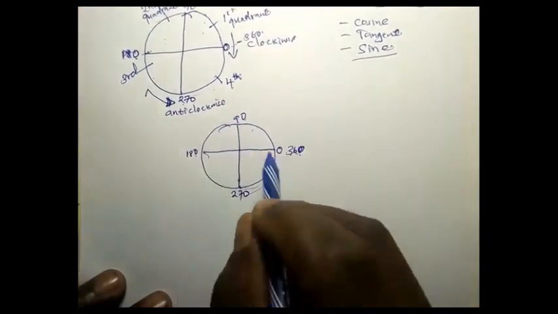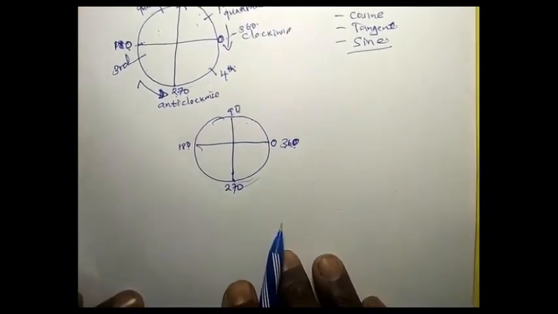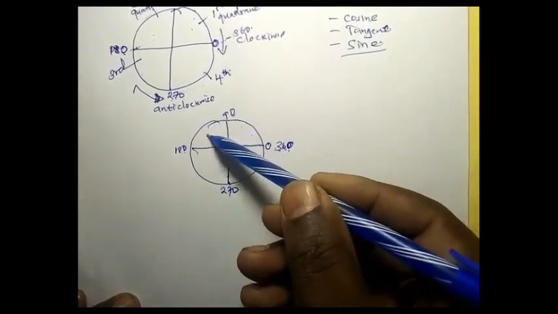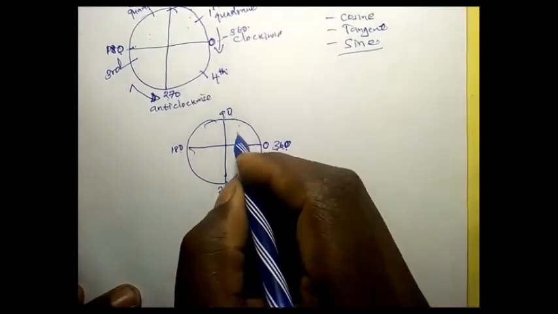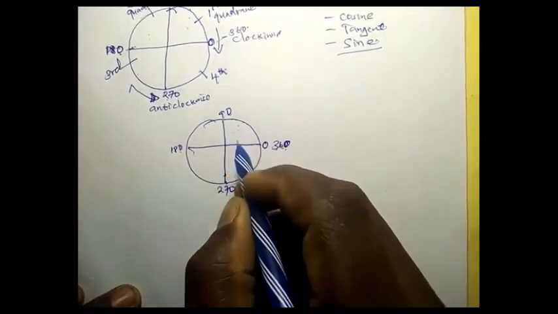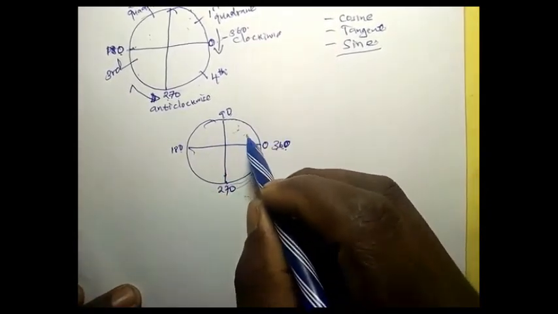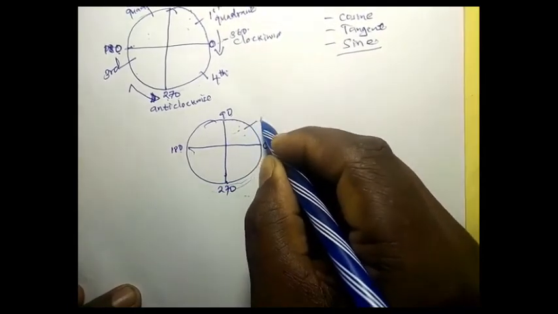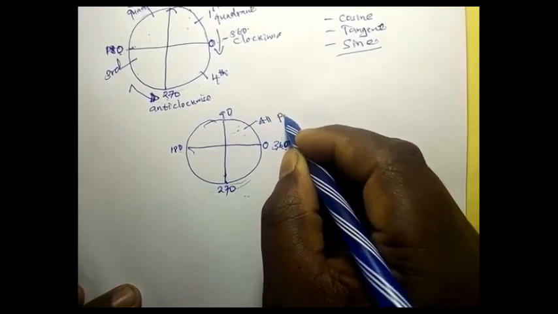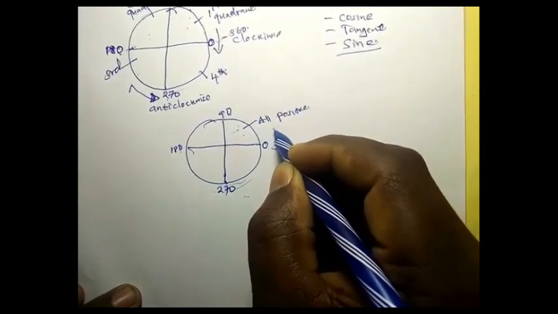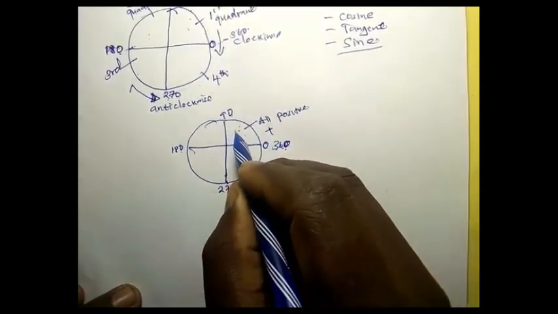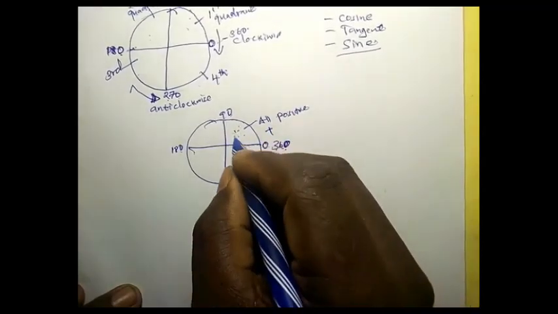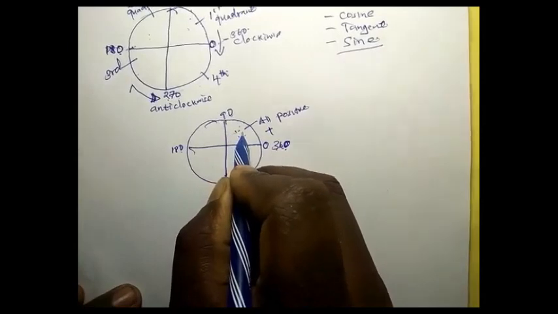Now, this unit circle, we represent the trigonometric ratios in this way. So here, all of them, the tangent, the cosine, and the sine, they are positive in the first quadrant.